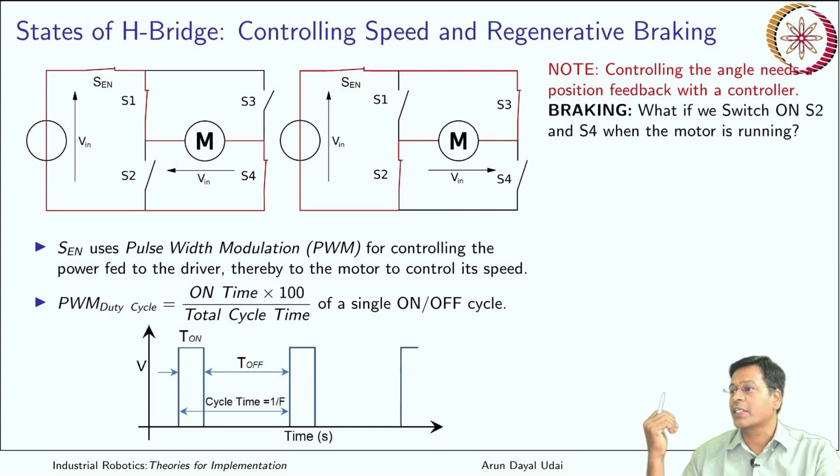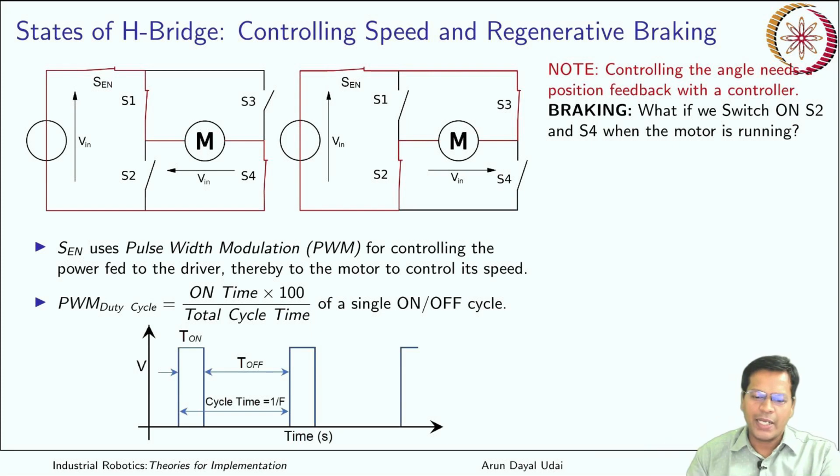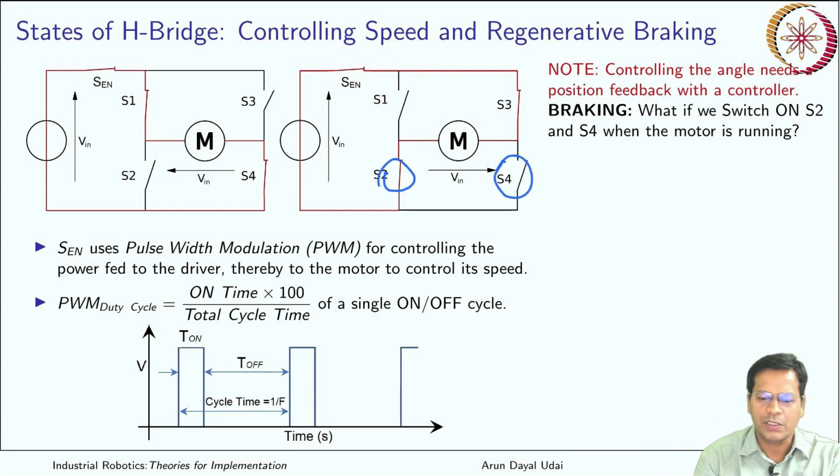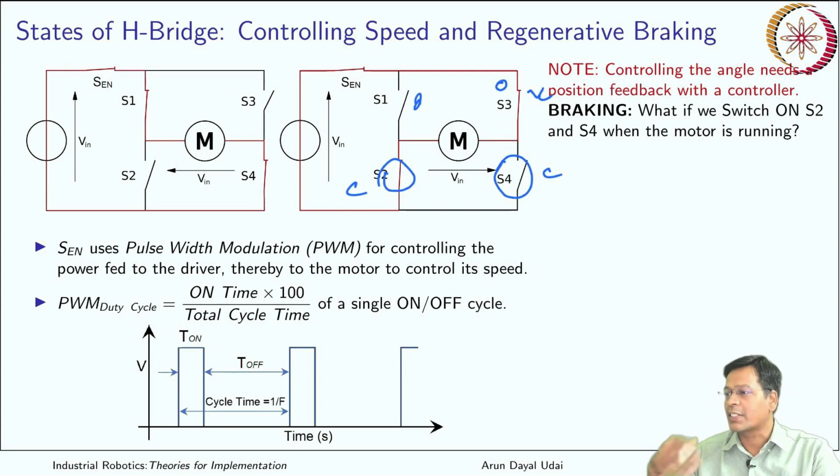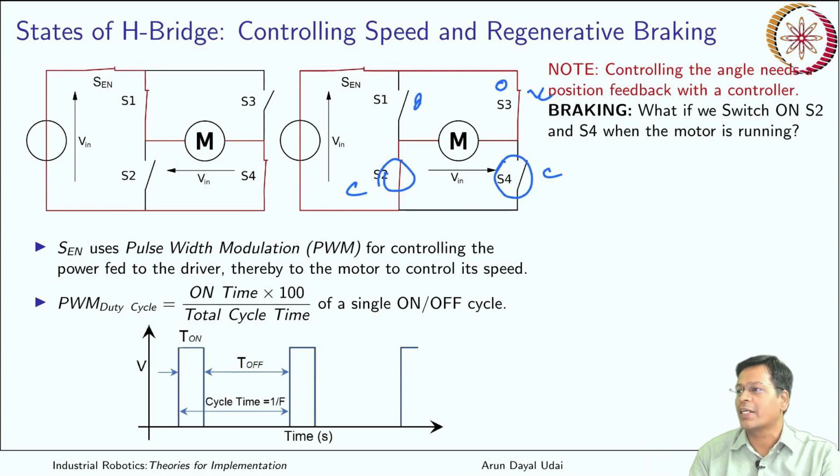Okay. So now braking. How can you achieve braking using such a system? Can you imagine if you close this switch and this switch, and keep these open? What will happen? If the motor is continuously running, it behaves like a generator.